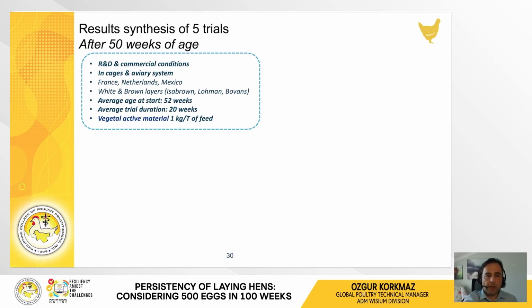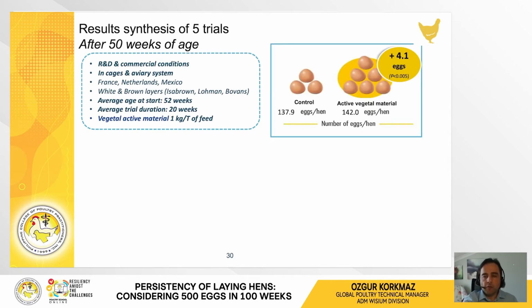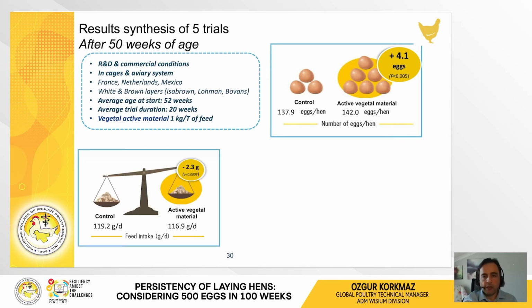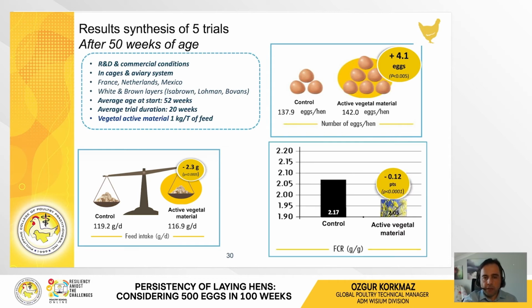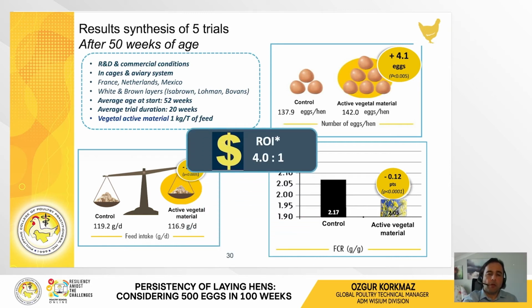Average age at start was 52 weeks, average trial duration 20 weeks, where we applied 1 kg per ton of vegetal active material, and we get plus 4.1 more eggs from each hen and 2.3 gram less feed consumption, and also FCR is improved by 0.12. So we can say the return on investment is 4.